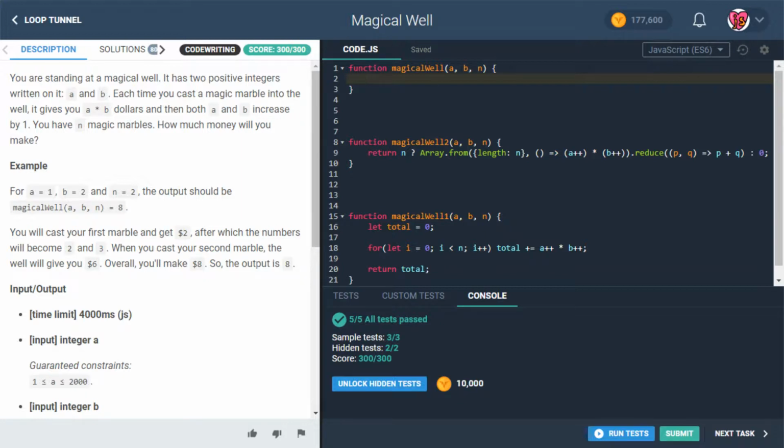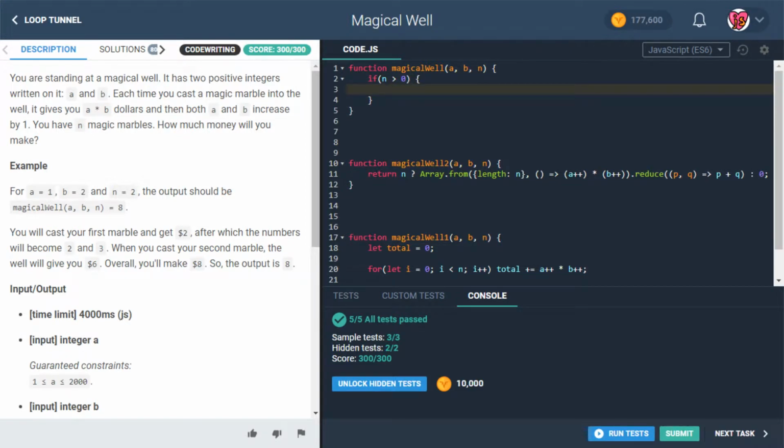So how are we going to do that? Well, basically what we're going to say is if n is greater than 0, then we're going to keep it going, right? So we're going to say return a times b plus whatever the next iteration is. So what's the next iteration? Well, it's where we call the function itself, magicalWell. We call it again. With what inputs?